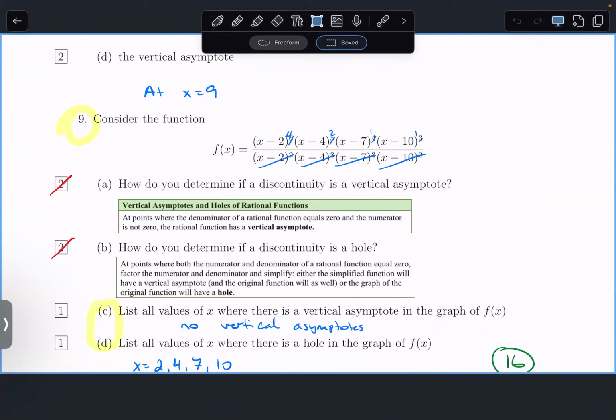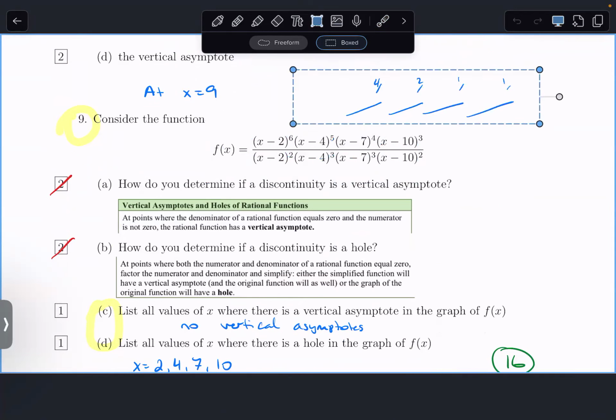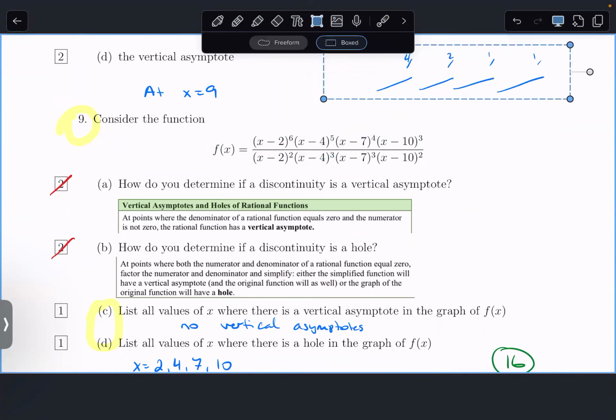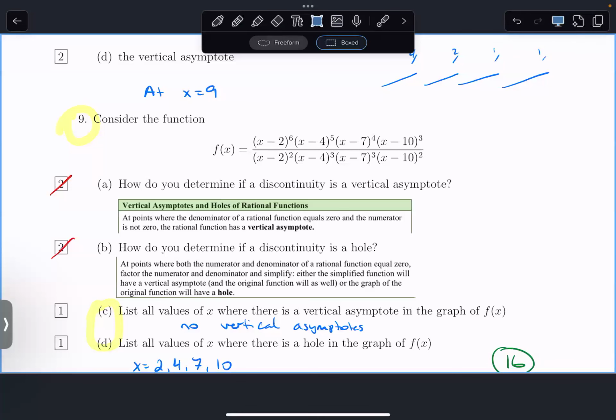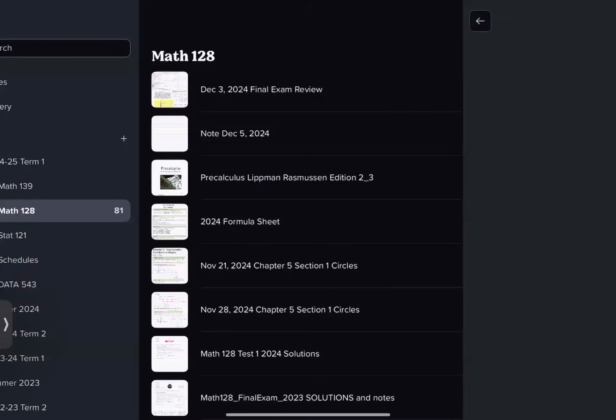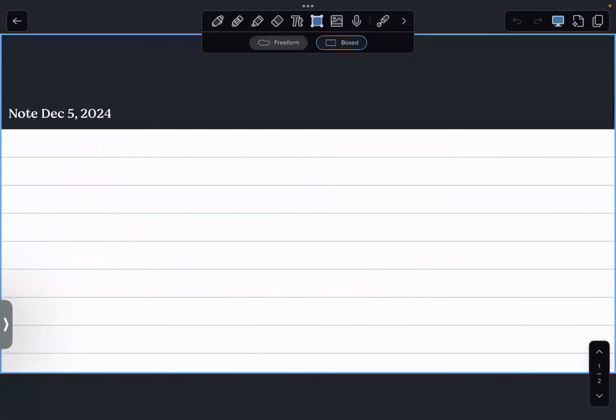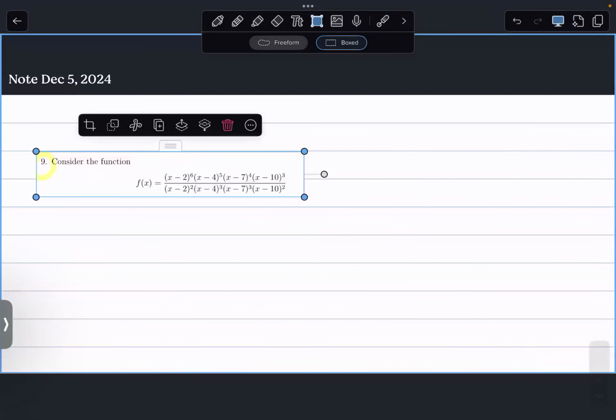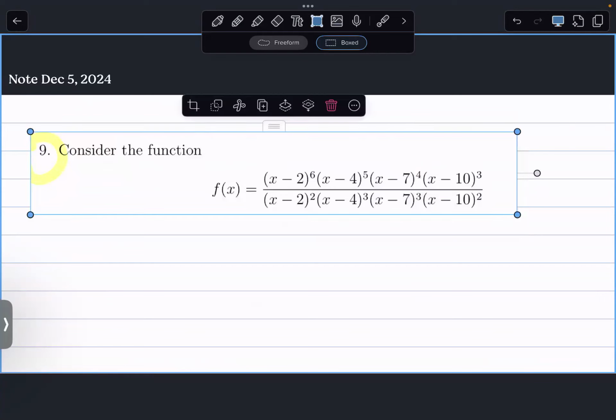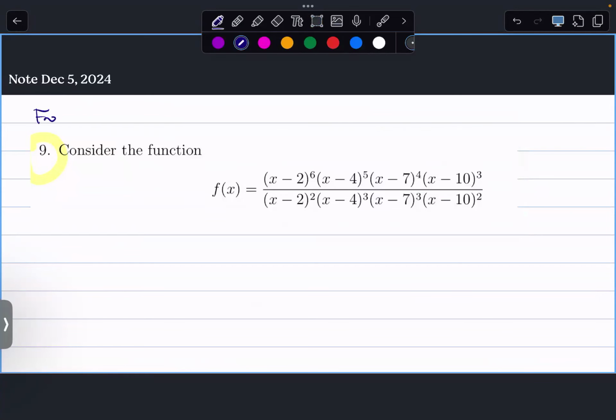Oh dang, how do I copy this without erasing my solutions? Let's do this. Copy. This is from test number 2. Okay.